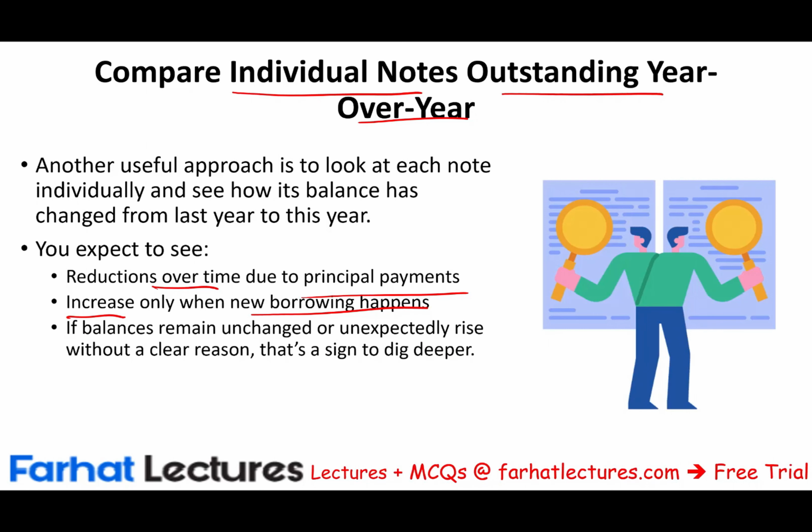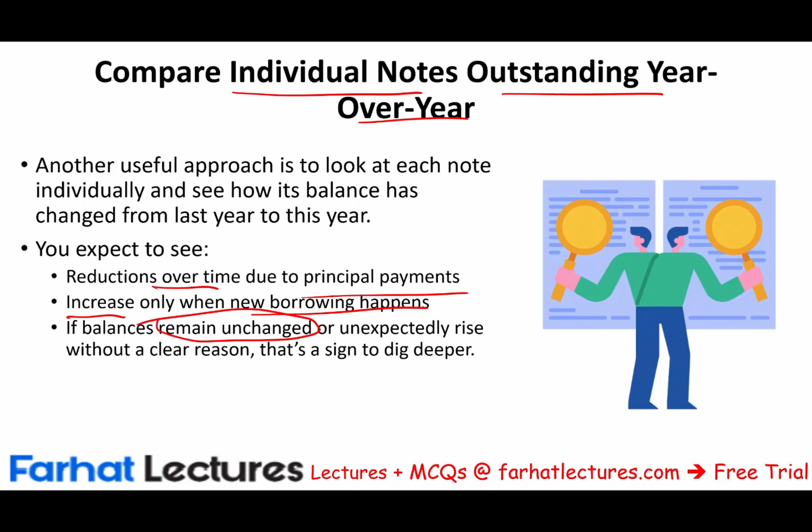If balances remain unchanged or unexpectedly rise without a clear reason, that's a sign to dig deeper. Why? Because what should happen to loan balances from year to year? Loan balances should go down, assuming you are making payments, and you should be making payments. No lender would expect you not to make a payment. Now, you could be making only interest payments, and your balance remains unchanged.